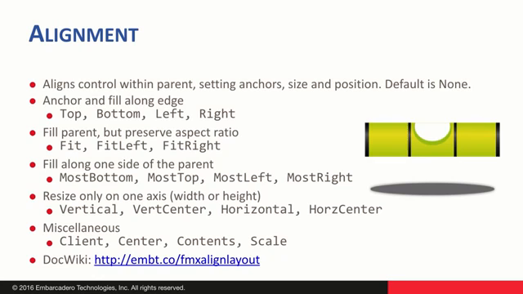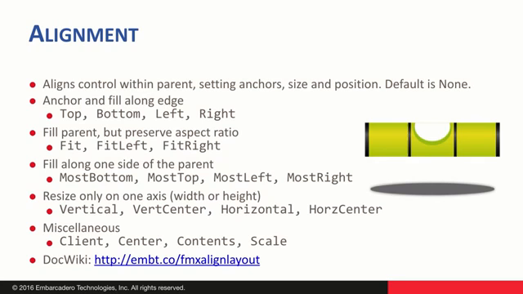You can fill preserving aspect ratio with fit left and fit right. Those are new. The most and the fits are new compared to VCL, along with the resizing only one axis with vertical center, horizontal, and horizontal center. Also new are center, contents, and scale. So client fills all the space available to it.